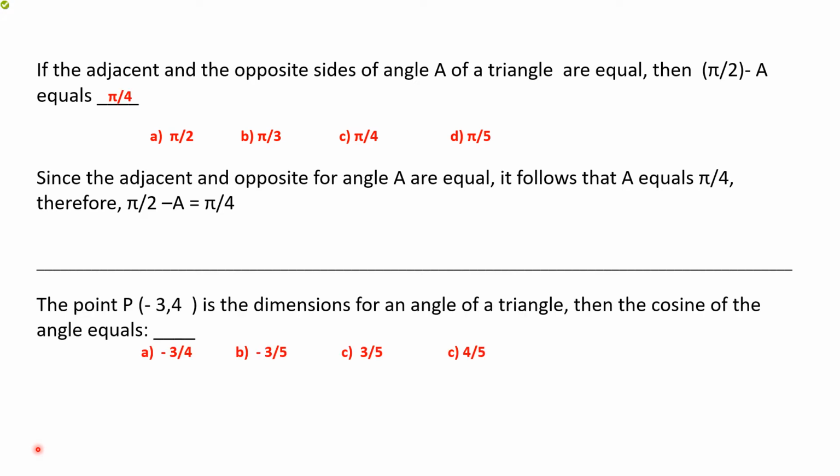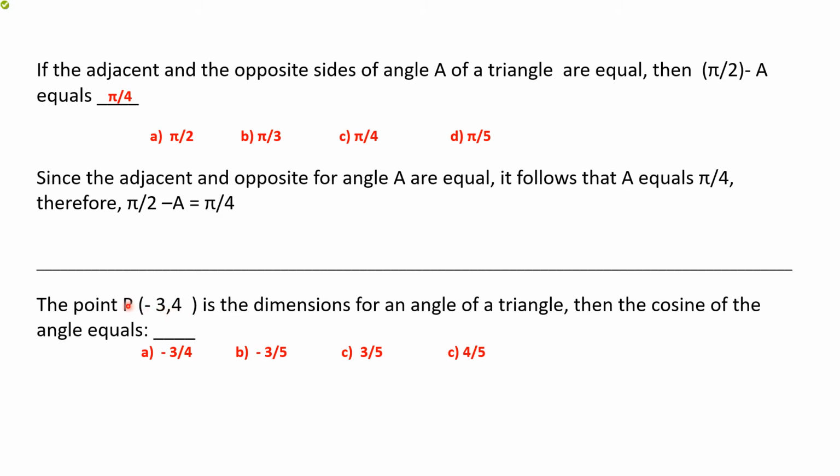The next question states that the point P, which has an x-coordinate of -3 and a y-coordinate equal to 4, is the vertex of an angle in a triangle. Then the cosine of the angle equals. One more time.